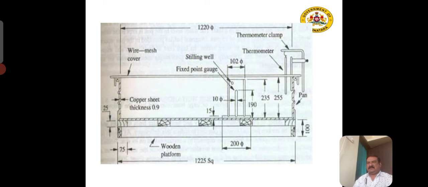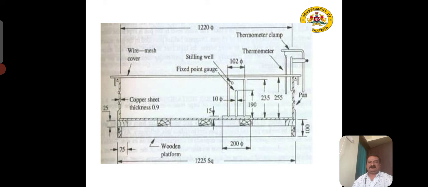So, as I told you, the pan measurement method uses a galvanized iron cylindrical vessel of 1.2 meter to 1.8 meter diameter, 300 mm depth, with openings at the top. During any interval of time, evaporation is measured as the drop in water level in the pan.